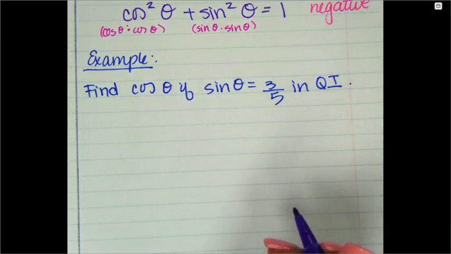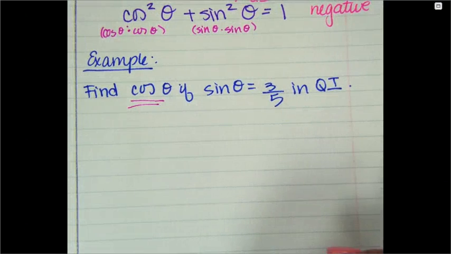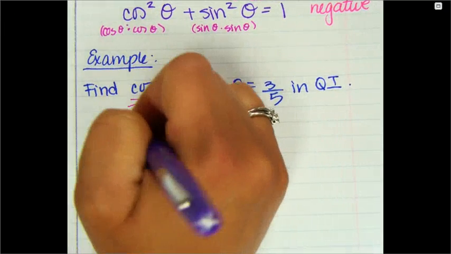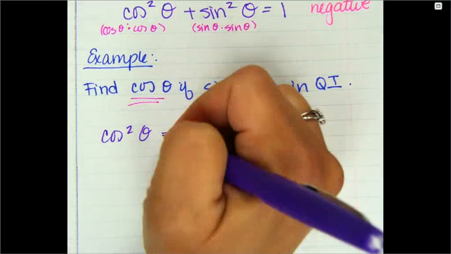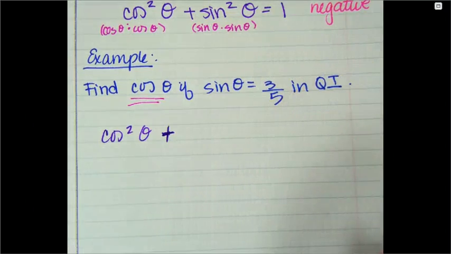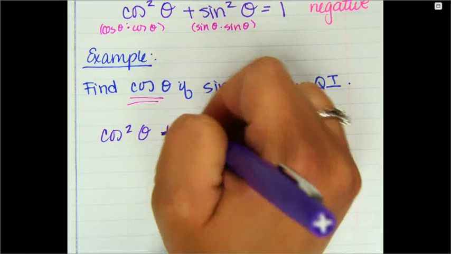What are we looking for? Cosine theta. Do I have cosine theta? No. So I have cosine squared theta plus sine squared theta equals 1. Do I have sine? Yes. It's 3 over 5.